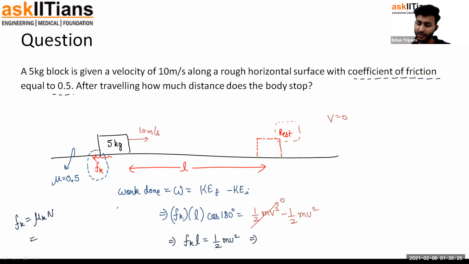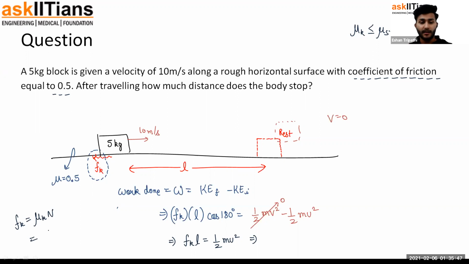Whenever it's not mentioned which coefficient of friction it is, it is assumed that both are equal, because as you know, the coefficient of kinetic friction is less than or equal to the coefficient of static friction. They can be equal. So when only one is given and it has not been specified which one it is, both of them are equal to the given value, 0.5.